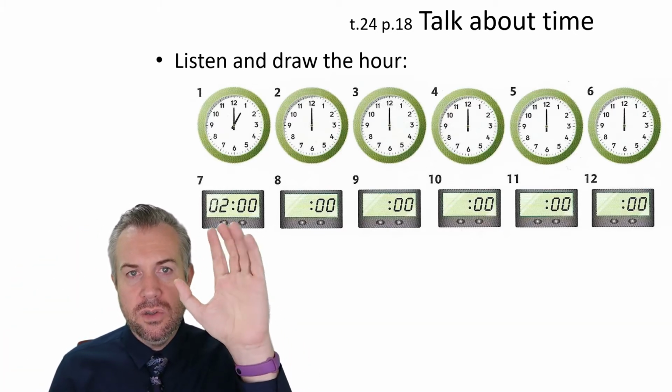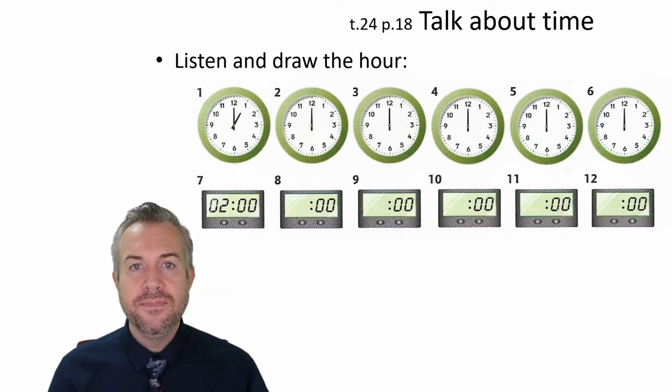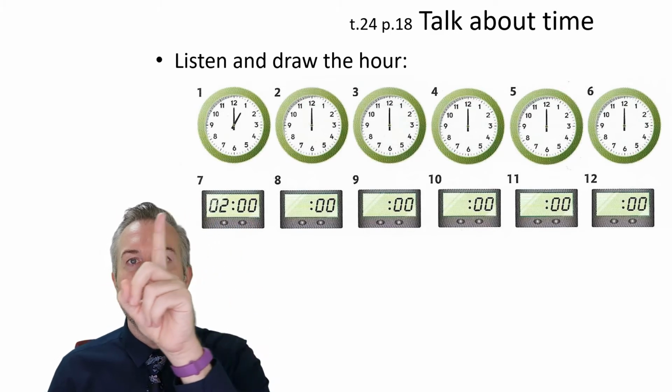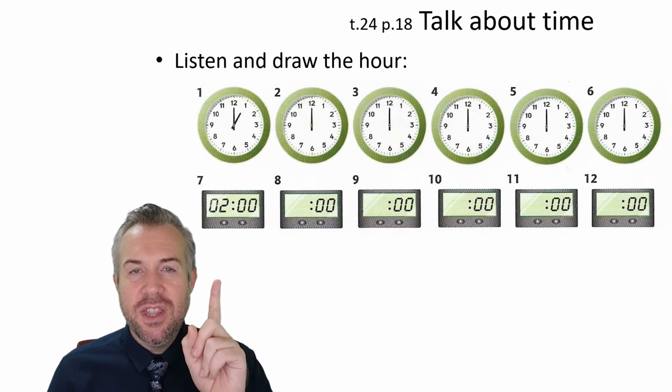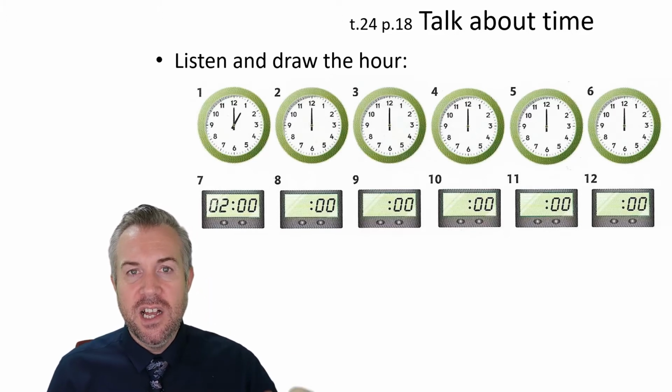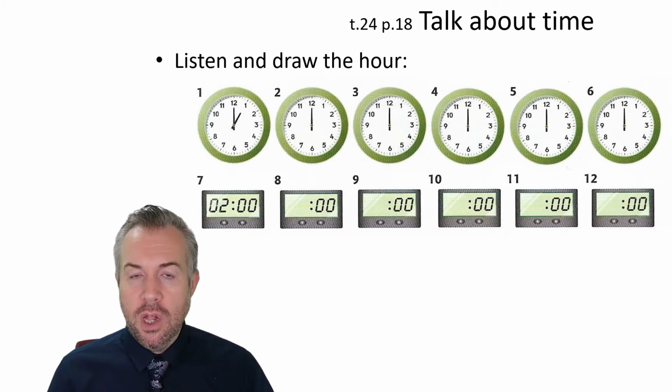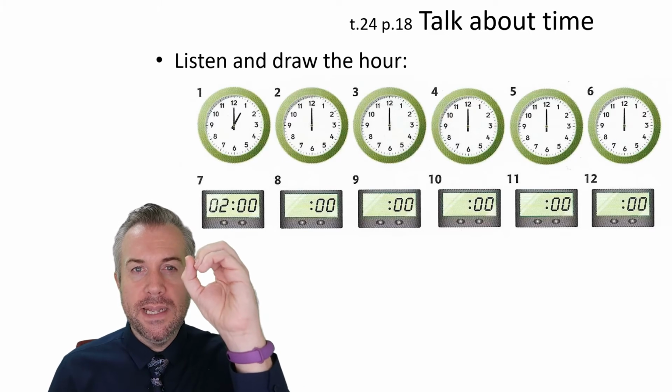The short hand or small hand is the hour, and you can see that all of these clocks are at 12. But this is not the small hand. This is the long hand. So it is o'clock, because it is 0 minutes.